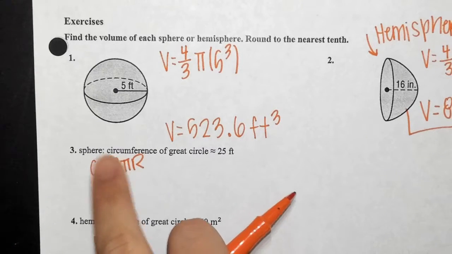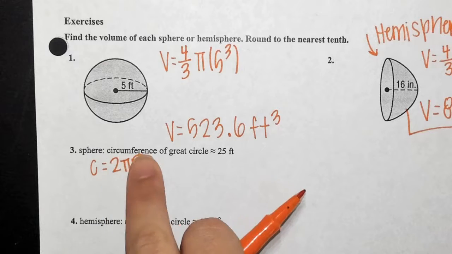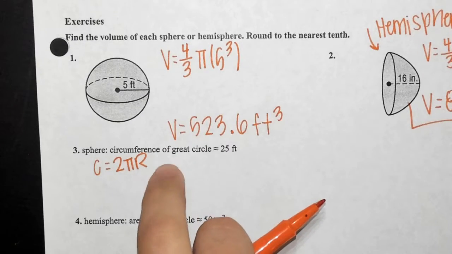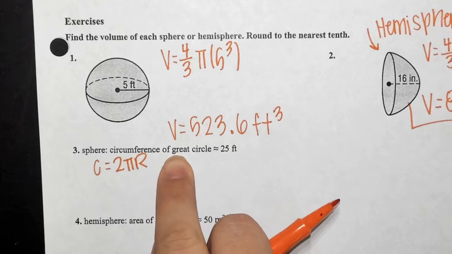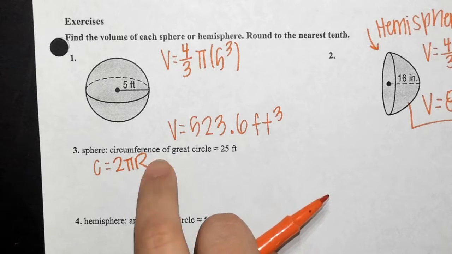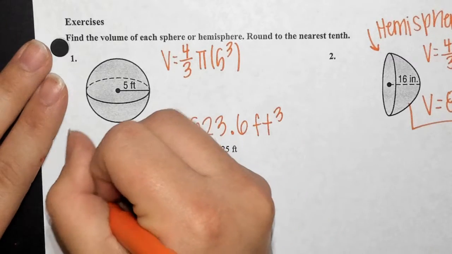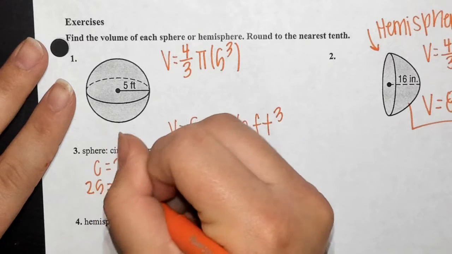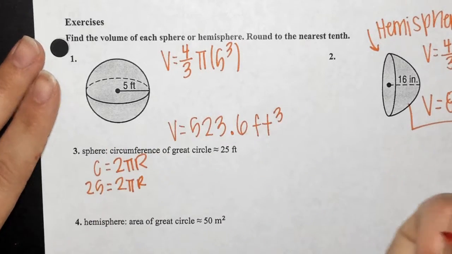This is the thing. We have a sphere, and they've given us their circumference, but I need to find the volume. Or what does circumference have that I want? Radius. So if I know their circumference is 25 and their circumference is 2 pi r, couldn't I solve for the radius?